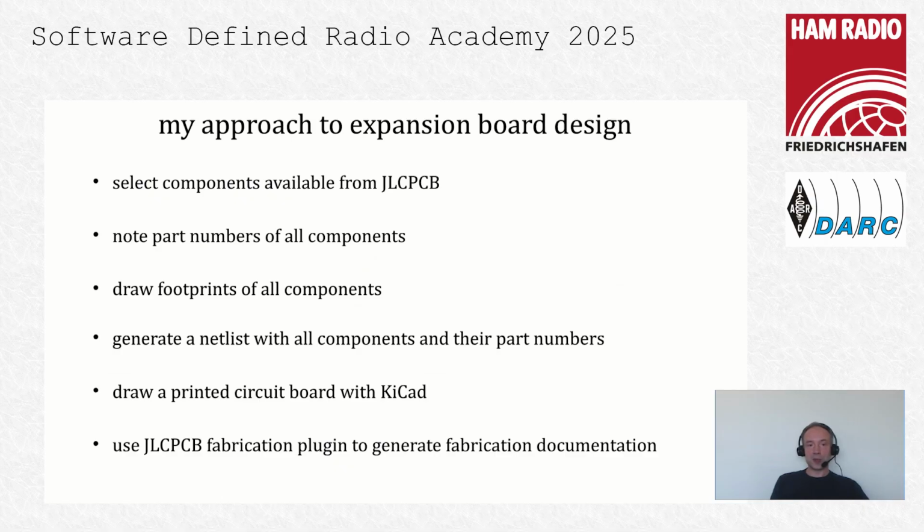From this step, I used KiCad software to draw a printed circuit board with all the components on it. And once the design was ready, I used the JLCPCB fabrication plugin for KiCad to generate all the fabrication documentation required by JLCPCB.